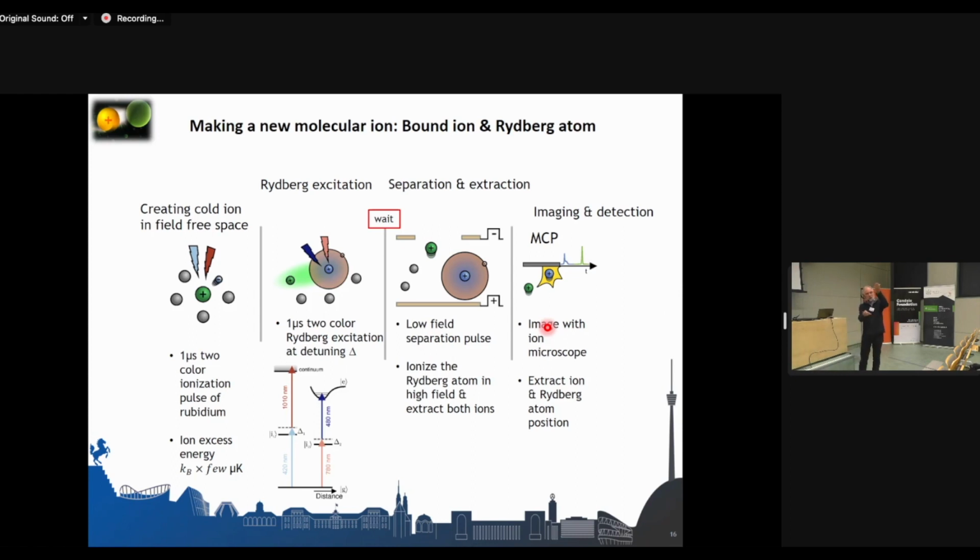And then we have two ions, one the original ion, and the other one is the field ionized Rydberg atom. But as one of them has a head start, we can distinguish them on the MCP detector. That's actually real data. These are the two arrival time peaks that we are seeing on the MCP detector. So we can tell, okay, this one was a Rydberg atom and this one was an ion.